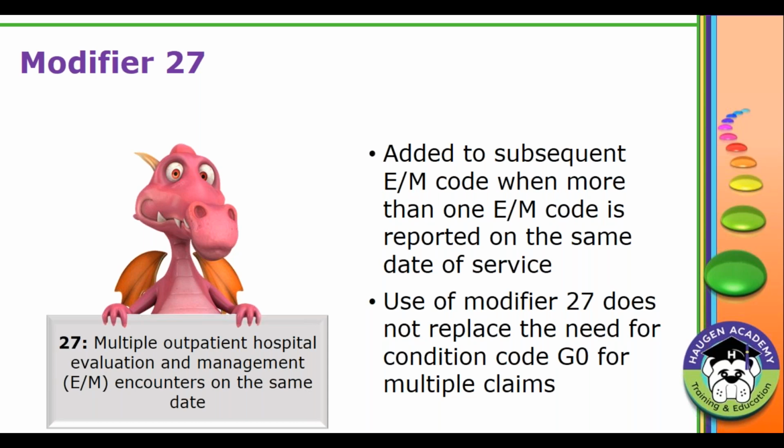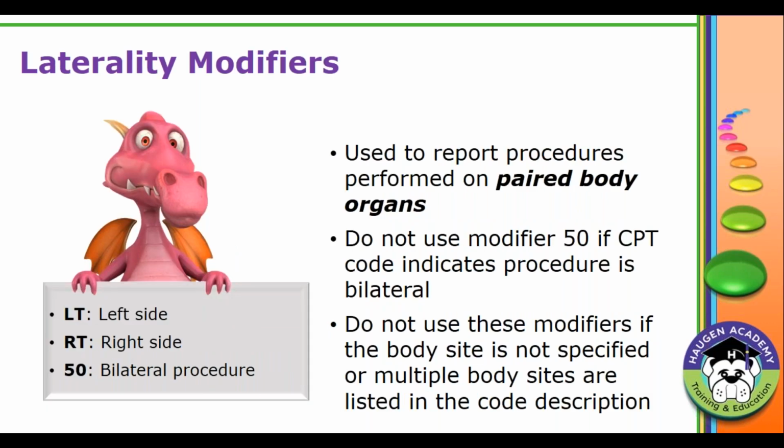So multiple visits on the same day in the same revenue center may be reported on separate claims, is what Medicare is saying. But when you do that, you report condition code G0 so that it will get paid appropriately. But if you have a patient who comes in with two E&M services that are related, then you would use your modifier 27 on the second claim form.